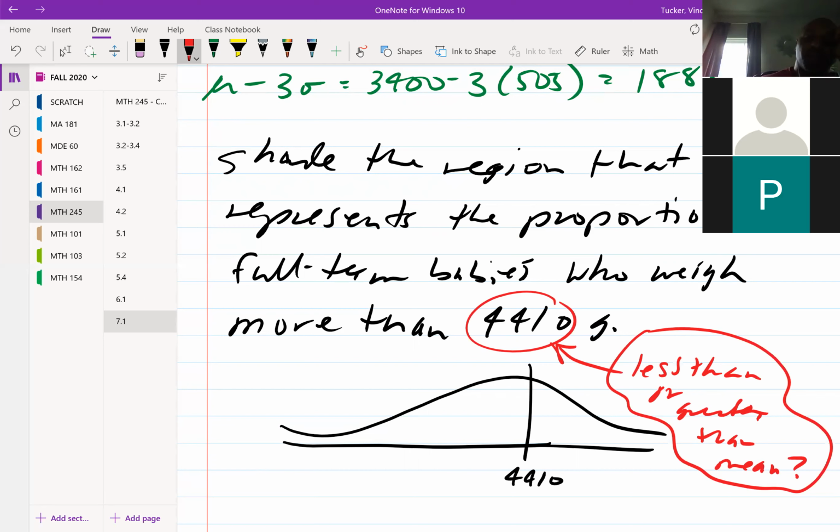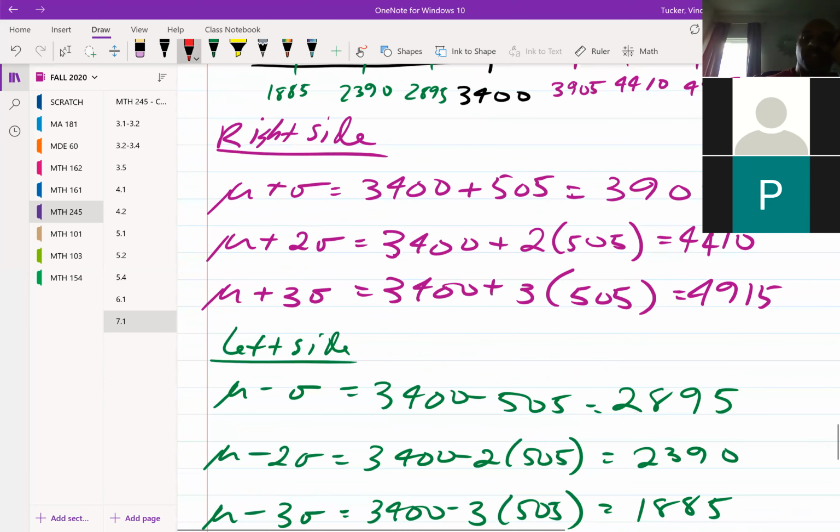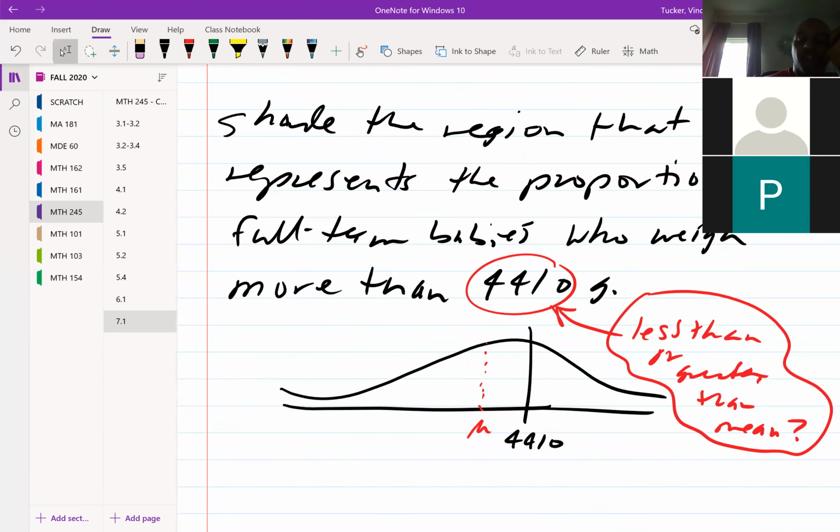Let's say if your middle is right here, then that 4410, if it's greater than your mean, will be to the right of that line. If it's less than your mean, it'll be to the left of that line. So 4410, our mean was 3400, right? So it should be to the right of your mean. And then if you're talking about more than, you're shading to the right. So that's what we would do. We would shade to the right of the mean.